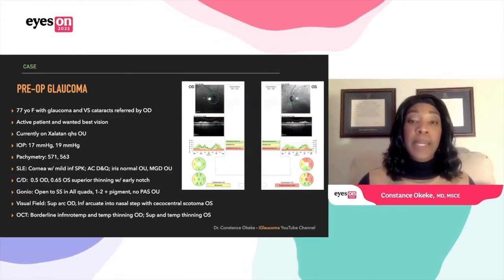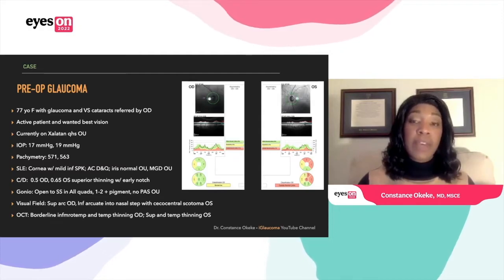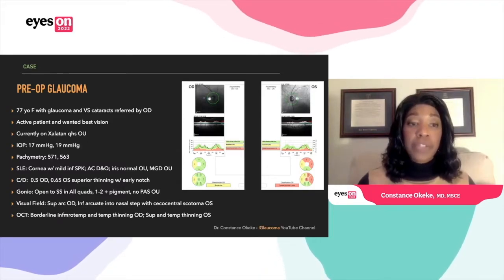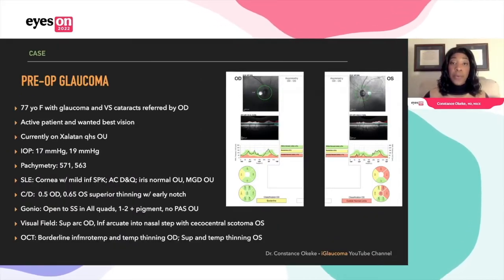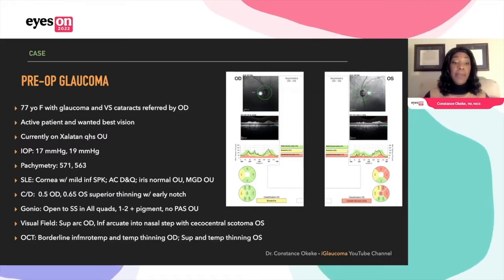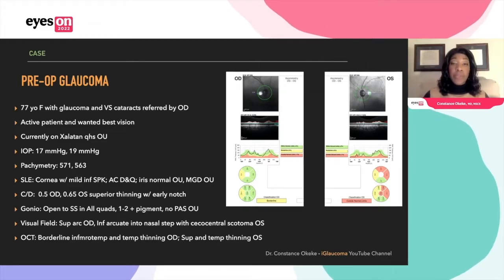She had a cup-to-disc ratio of 0.5 in the right and 0.65 in the left, with superior thinning and an early notch in the left eye. On gonioscopy, she was wide open with 1 to 2 plus pigment. On her visual field, she had a superior arcuate in the right eye, and in the left eye an inferior arcuate into the nasal step with a paracentral scotoma that was encroaching, close to but not quite in fixation.